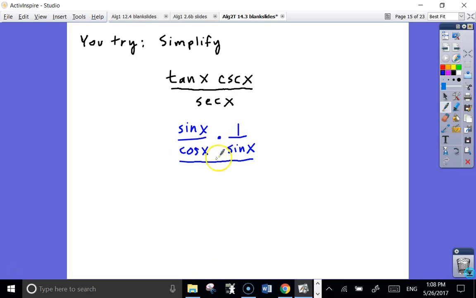In the denominator, we have a 1 over cosine. So the sines cancel here. So now this whole thing is, in the numerator, 1 over cosine. In the denominator, it's 1 over cosine, which is 1.